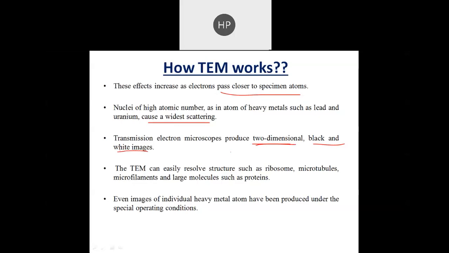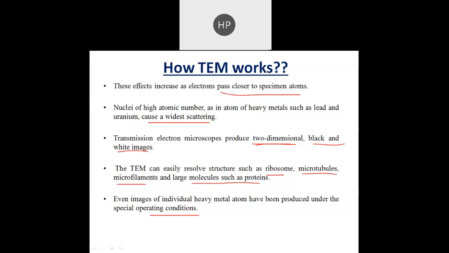The TEM can easily resolve structures such as ribosomes, microtubules, microfilaments, and large molecules such as proteins. So it is used in biological fields also. Even images of individual heavy metal atoms have been produced under special operating conditions.